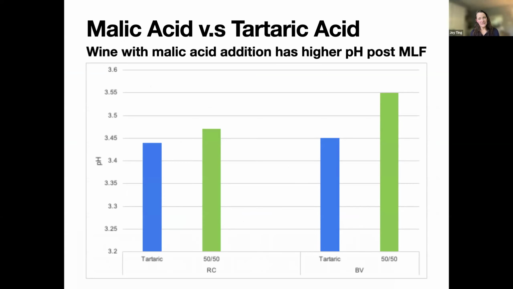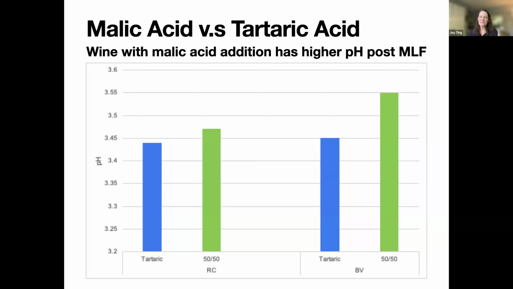And again, that makes sense because both of these went through malolactic fermentation, but there was more malolactic fermentation when we added more malic acid. You can also see that that's proportional to how much of a difference there was between malic and tartaric. The RC lot got a smaller add.